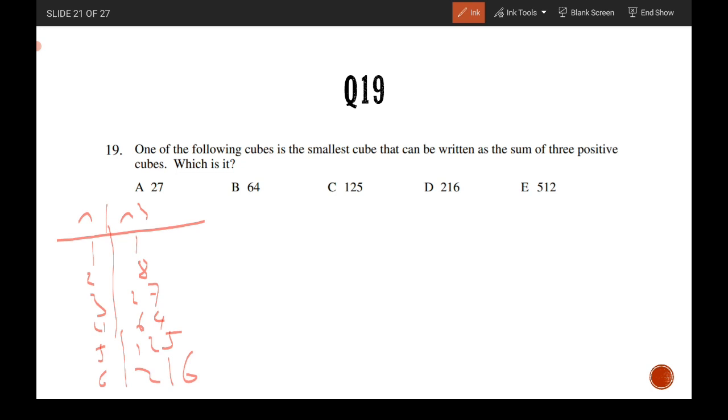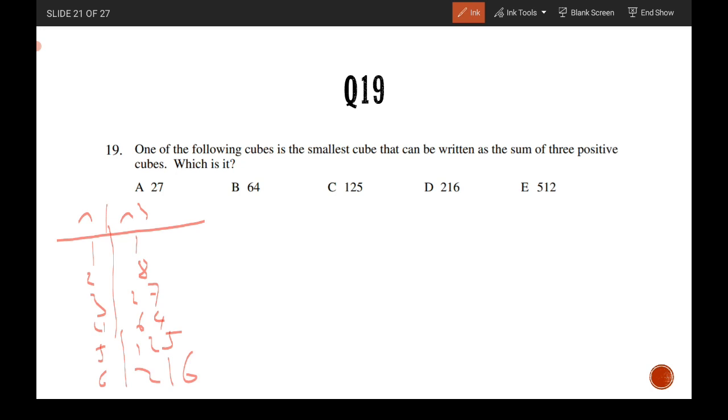No. Similarly with 64, I can't see any way here, because 27 plus 27 is 54 plus 8. No. 125 again, we're not going to be able to do that simply because 64 plus 64 is already 128. And if we did 2 times 27, 54 plus 64, we only get 118. That one isn't going to work. 216.